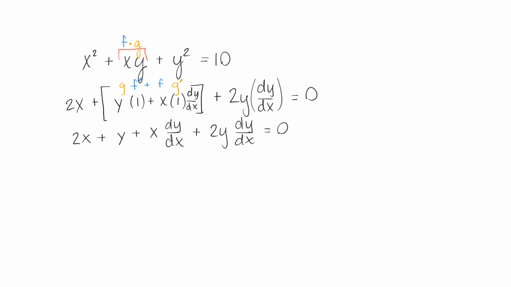So we're going to do what we do best. We're going to move this 2x and this y to the other side. So that leaves us isolating our dy/dx, right? We want to isolate these so we can then factor them out.